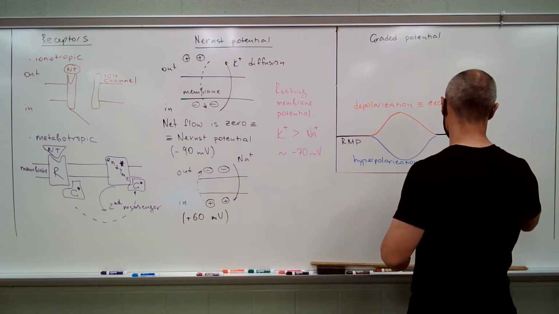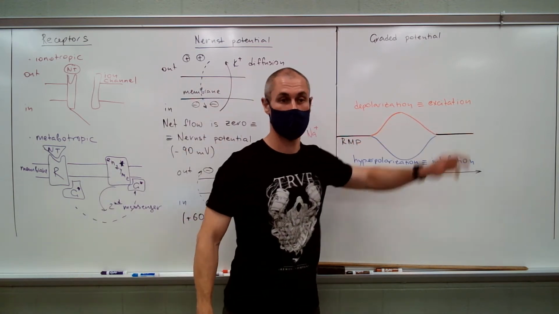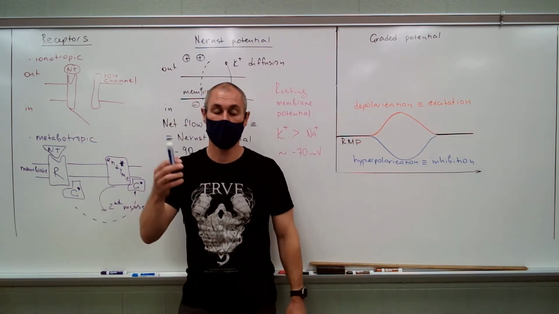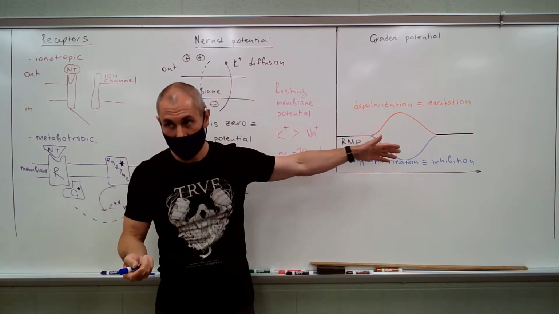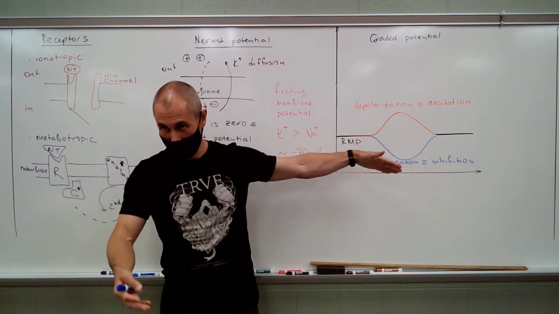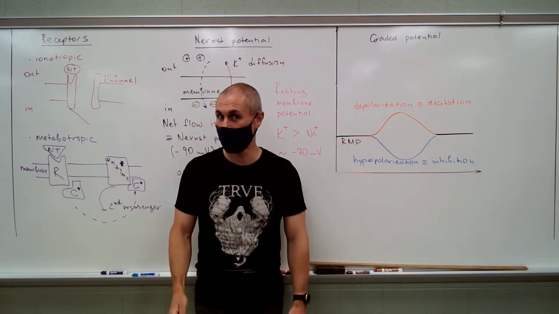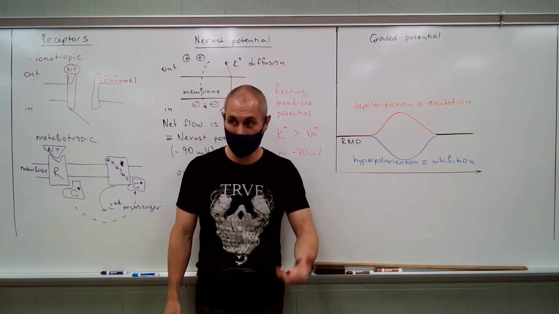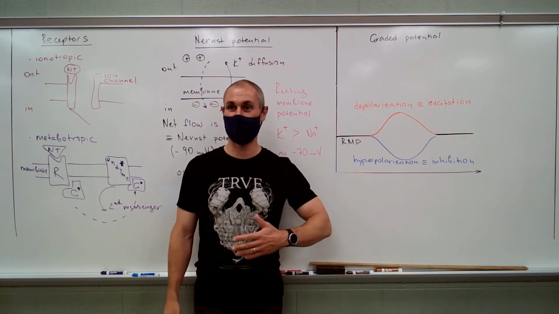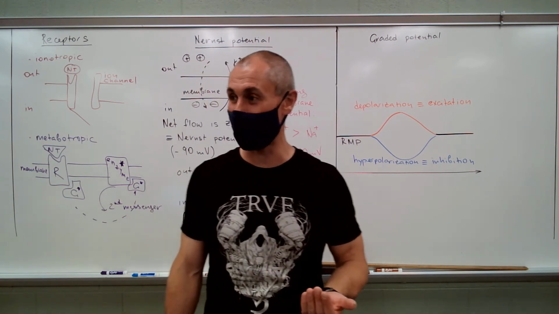What's the word after depolarization? Excitation. So the cell becomes more negative, like it receives negative news, and because of that it becomes inhibited. Does that make sense? Now you see the difference between a neurotransmitter that's inhibitory and one that's excitatory, right?